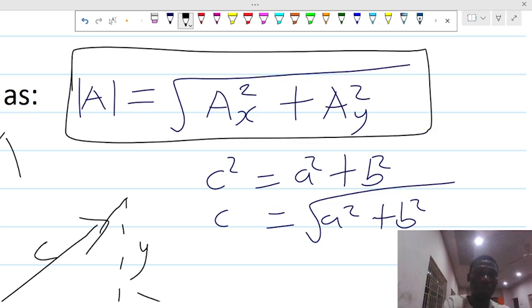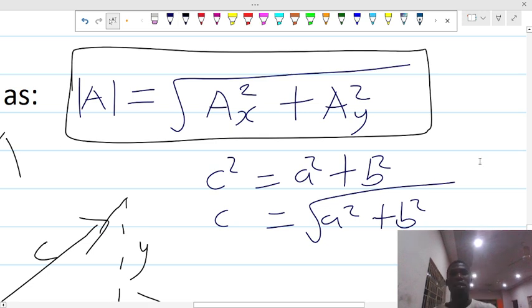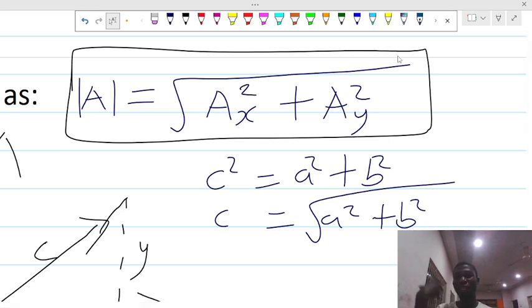Now this is for two dimensions, a two-dimensional space or plane. If we are talking about three dimensions, it's very easy. It's the same expression, but we add the third dimension. Let me copy this whole thing.